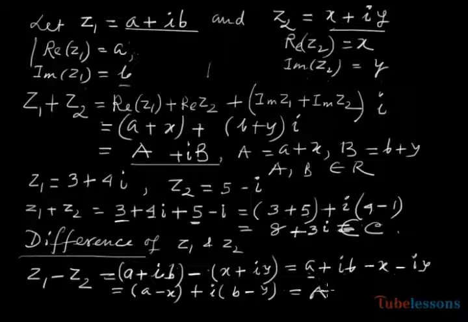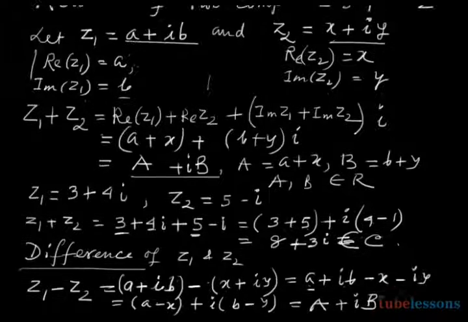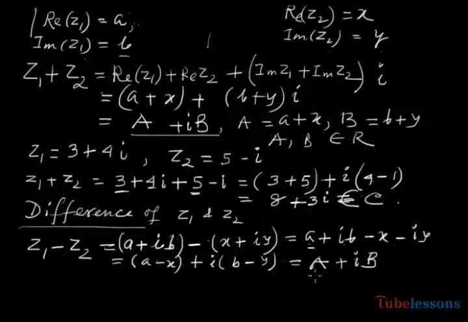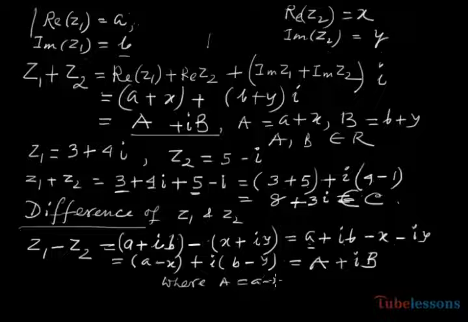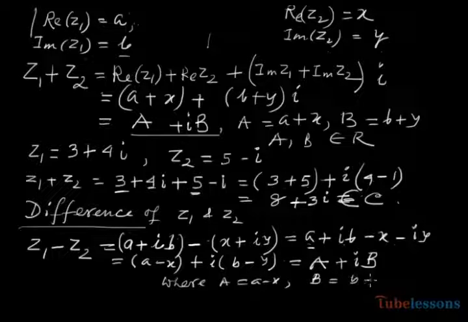So if I take a minus x equals to capital A and b minus y equals to capital B, this becomes A plus iB form, where A is equal to a minus x and B equals to b minus y.